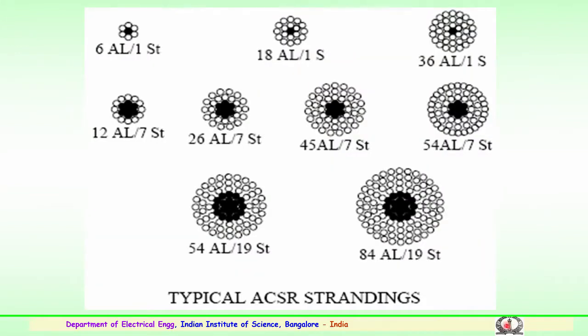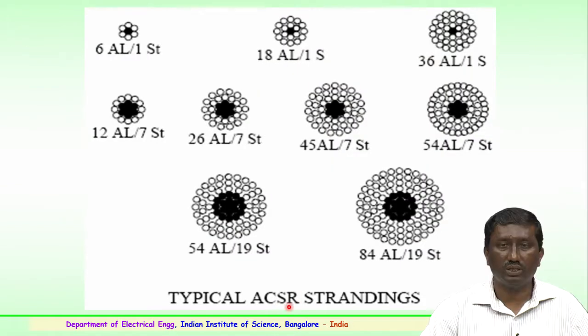So, these are the typical aluminum conductor steel reinforced strandings. You can see here 6Al/1T, this represents that the center conductor is a single conductor, one conductor of steel, surrounded by 6 strands of aluminum. So, 6Al is the 6 strands of aluminum, and the center conductor is one of steel.